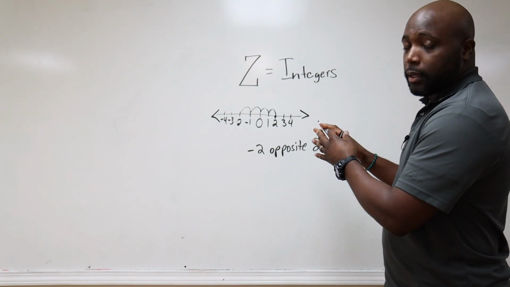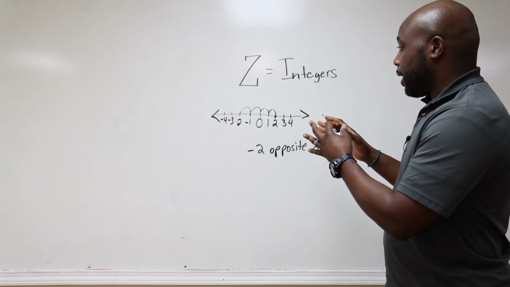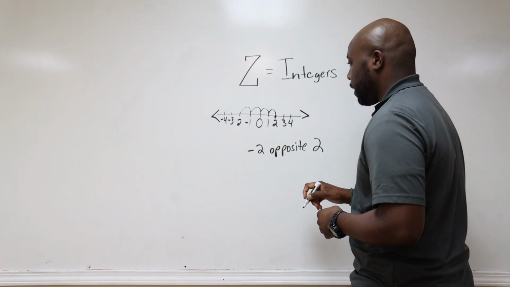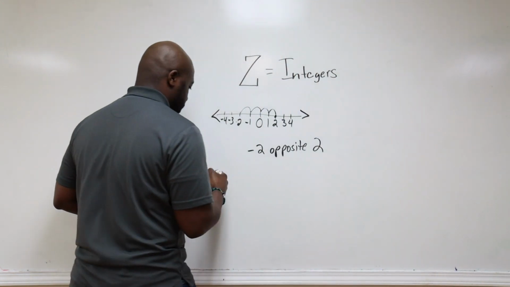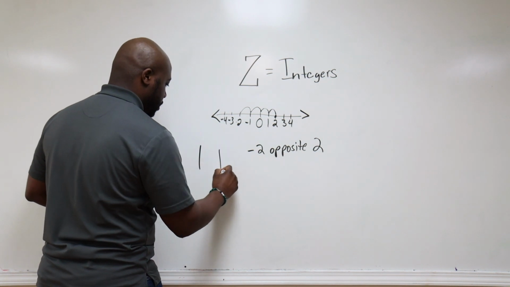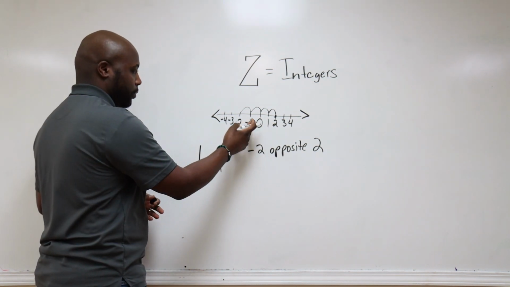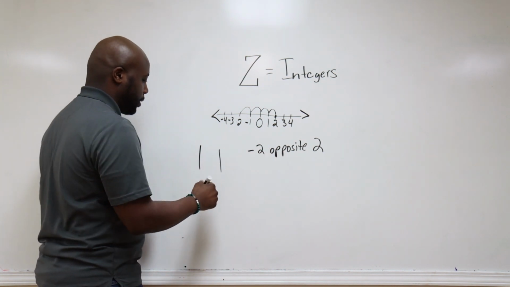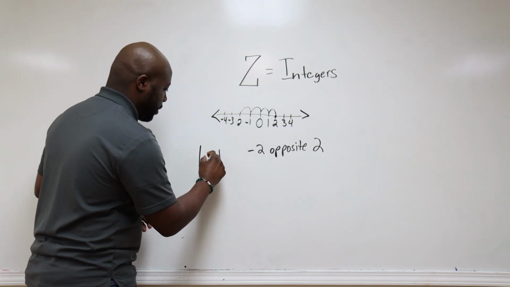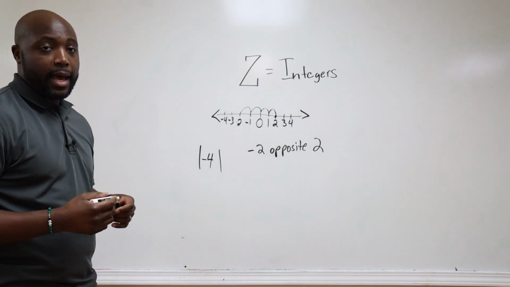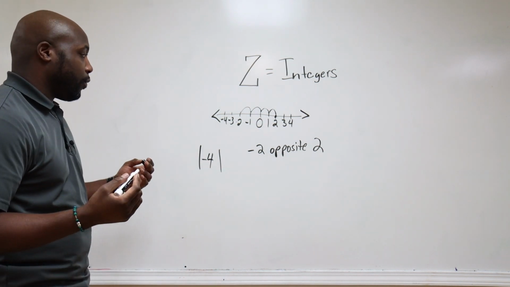With that being said, you can analyze what an absolute value is. An absolute value is considered the amount of units away from 0, just as we explained with the opposites. So if we were to take the number -4 and say, hey, what is the absolute value of -4?